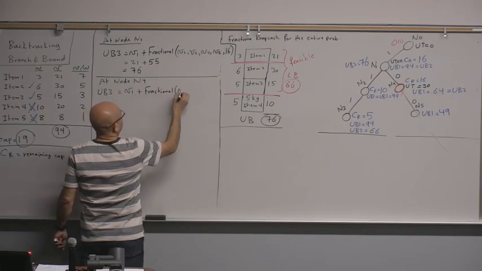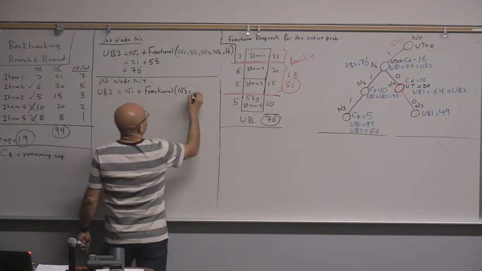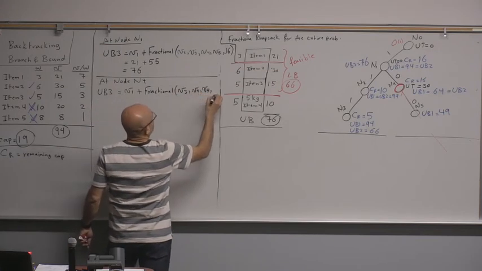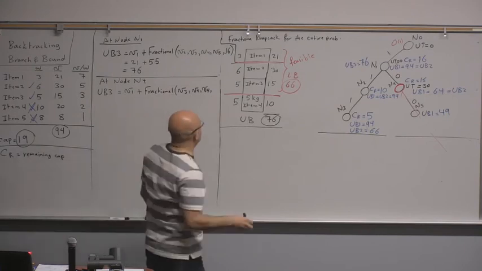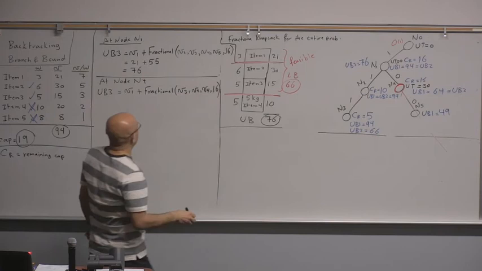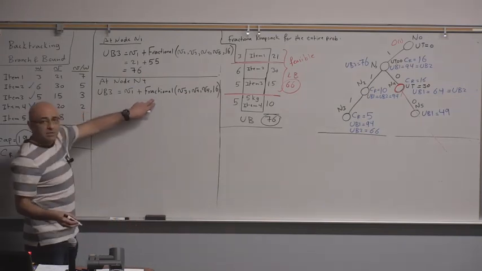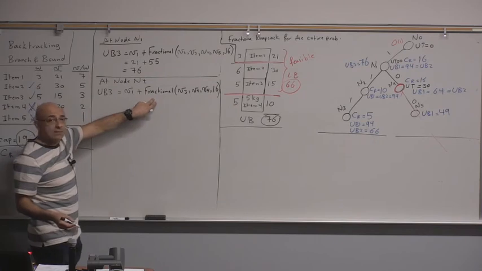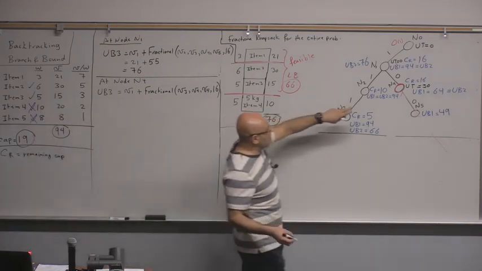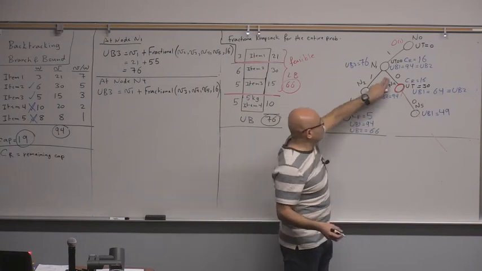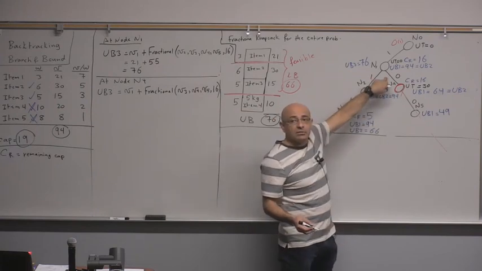Exactly, fractional of v3, v4, v5, and what's the remaining capacity? Still 16. So now we are solving a fractional knapsack for the remaining, or undecided, items. And the undecided items at node 4 start with item 3. Item 2 is decided. We have already decided not to take it.